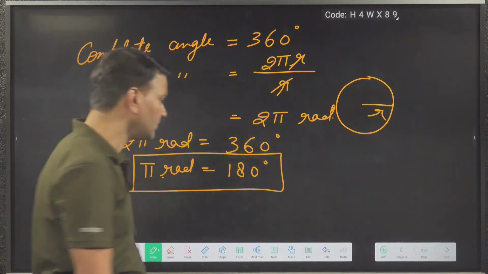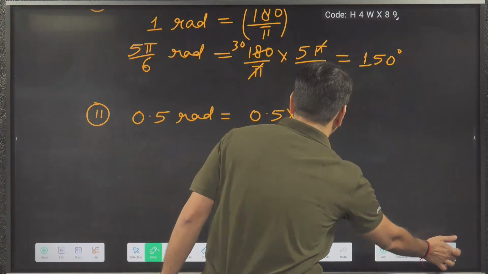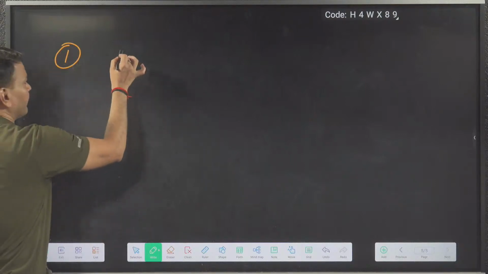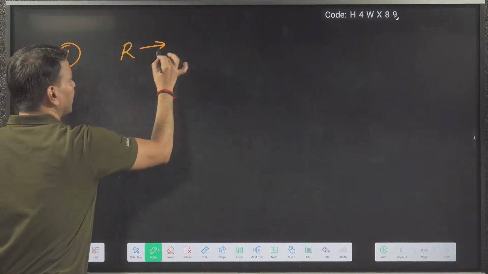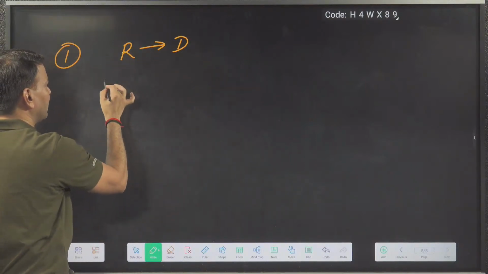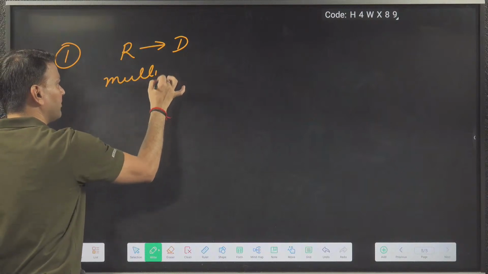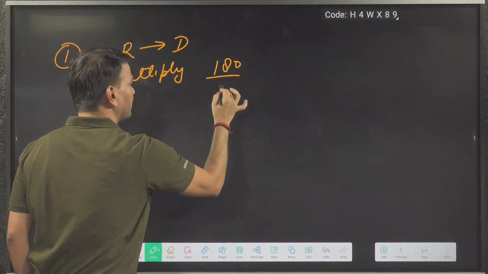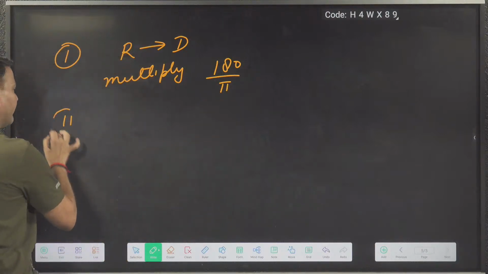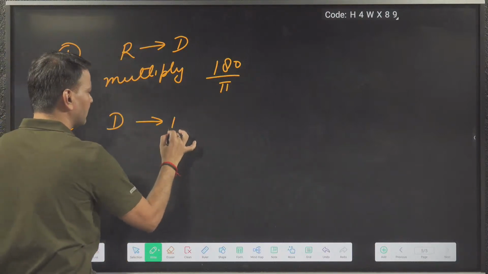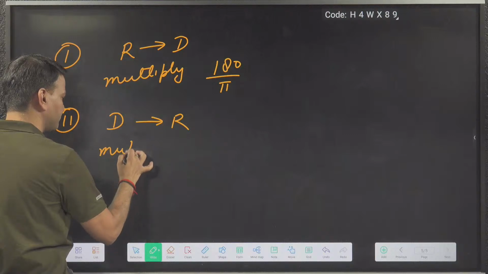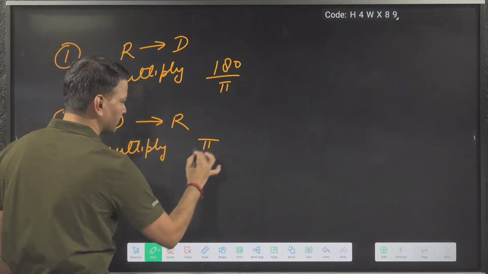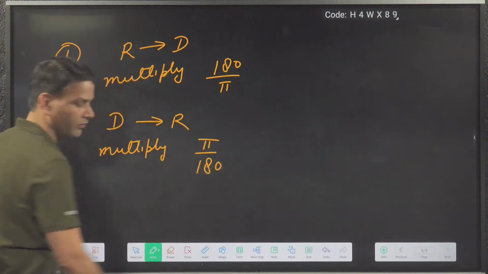Understood? It means when we are going from radian to degree, multiply by 180 by pi, and when we are going from degree to radian, multiply by pi by 180.